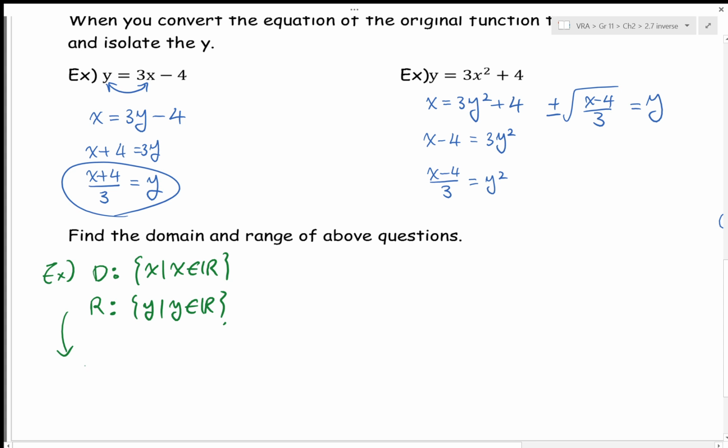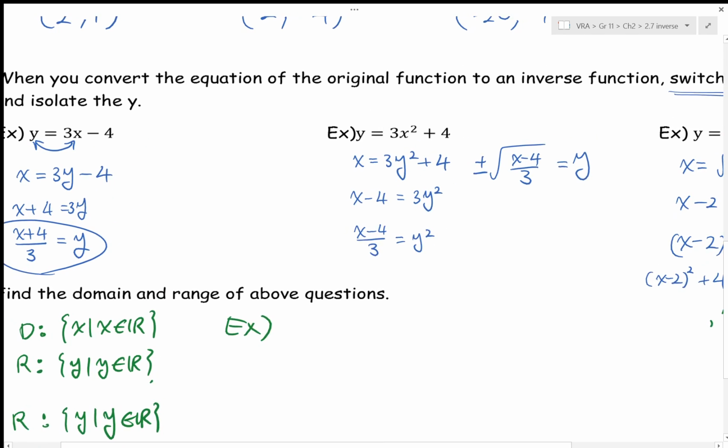Therefore, for the inverse, the domain of the original becomes the range, and the range of the original becomes the domain of the inverse. As long as you remember that, finding domain and range should be quite simple and easy.